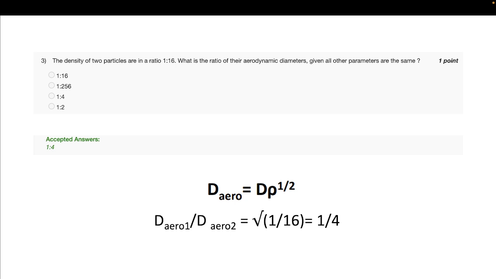Yes. Yeah, it's nothing but the aerodynamic diameter is equal to your physical diameter of the particle and root of its density. Yeah, thank you.